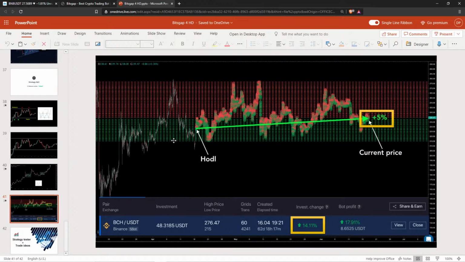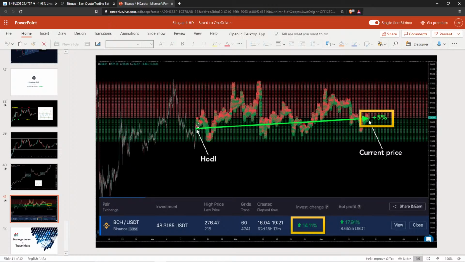So you see, a sideways market, more or less. If you would simply buy the crypto at that point where you have hodl here, and you would keep it up to the current price, you would be just up by 5%. So your profit from that point up to that point of price would be just 5%. Whereas with the automation that we have here at Bitsgap, your profit would be 14%, which is 3 times bigger than 5%.